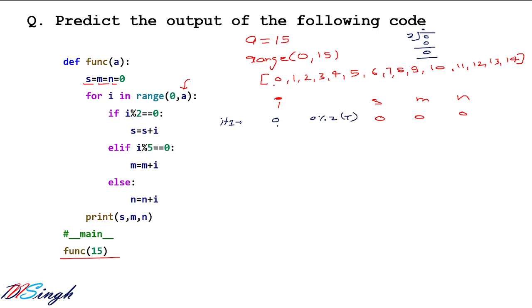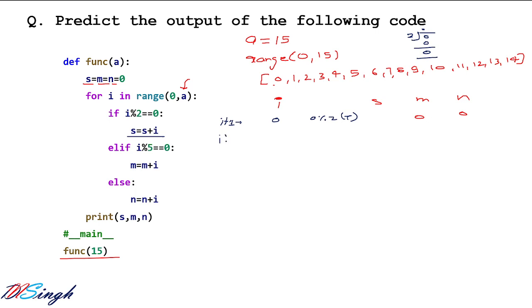If it becomes true, then the value of s will be incremented, s equal to s plus I. If you add 0 to s, which is already 0, s will remain 0 itself. S will not be updated to a new value.